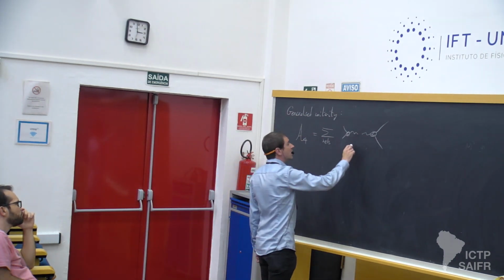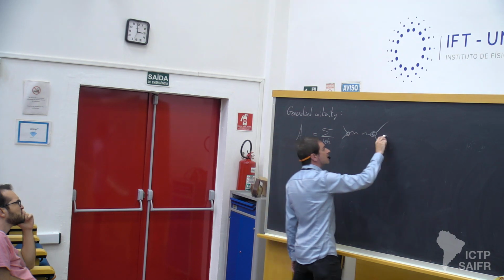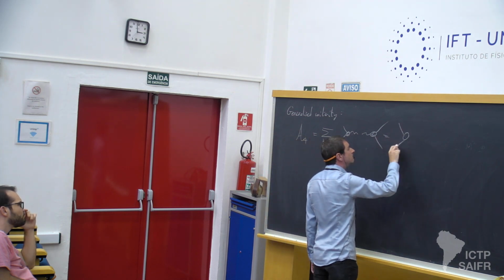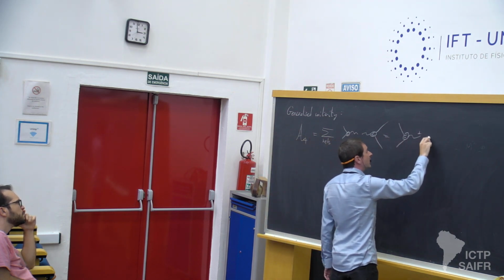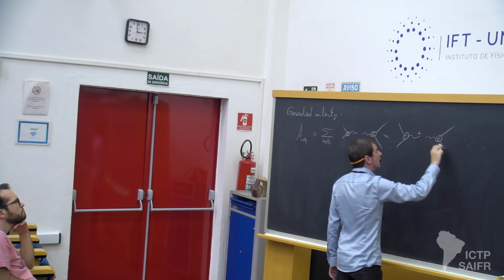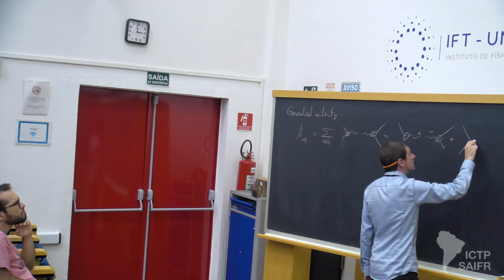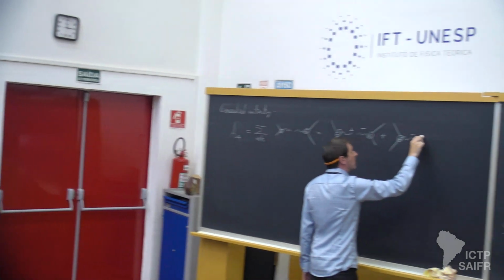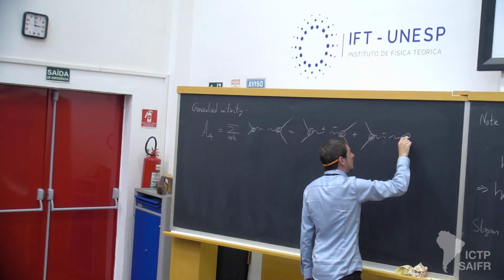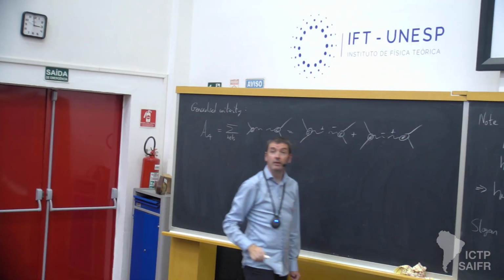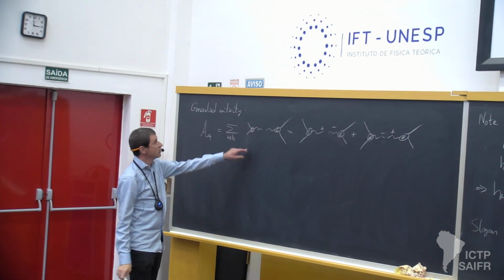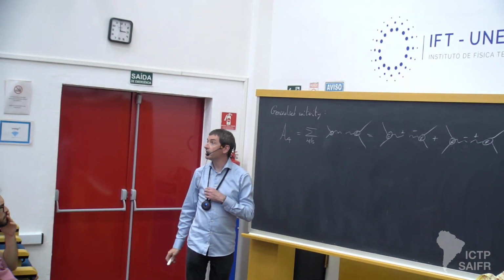So you would sum over, in other words, there's two terms with a plus and a minus, and then there's a term with a minus and a plus, right? So that's what you would do in generalized unitarity to build a 4-point.